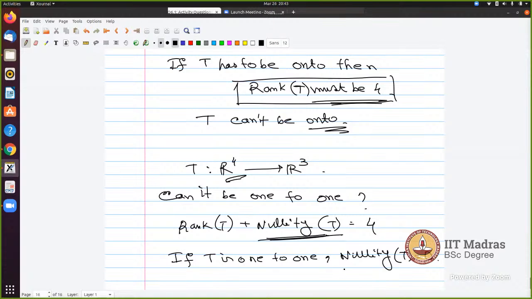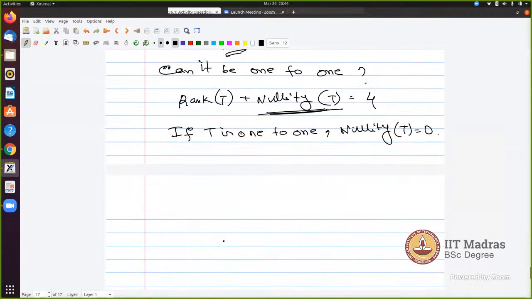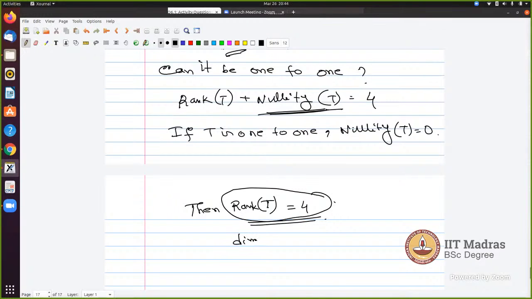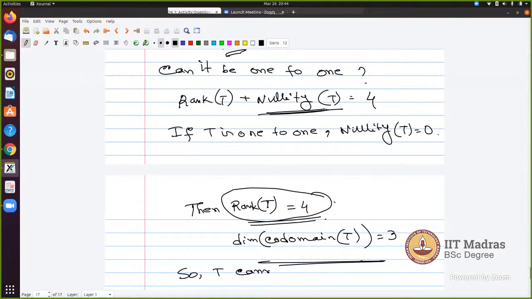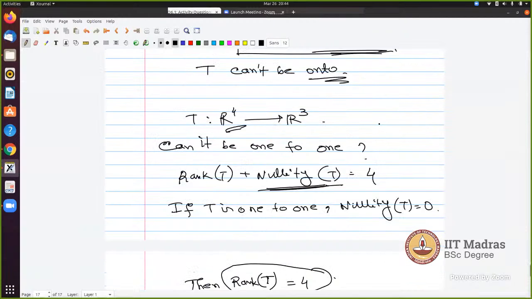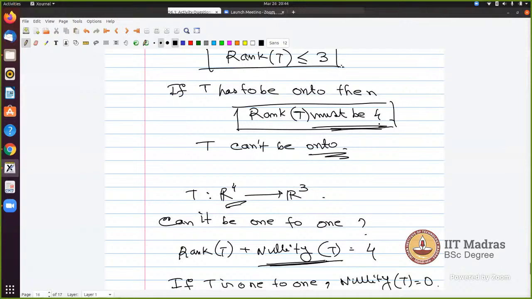Then rank is 4. Then rank of T must be 4, which cannot be the case, right? Yes, because the dimension of the codomain is 3. So it cannot be the case. Is it okay?